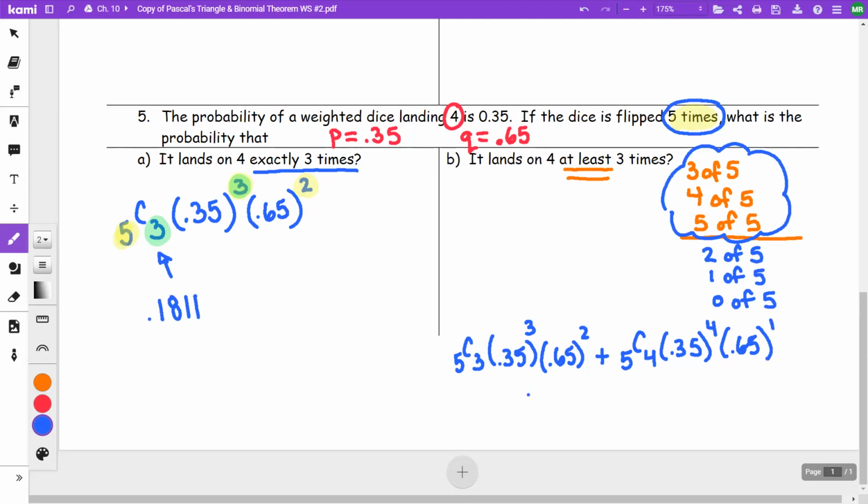And then I'm going to go plus 5 choose 5 times 0.35 to the power 5 and 0.65 to the power 0. And I'll put that into my calculator.